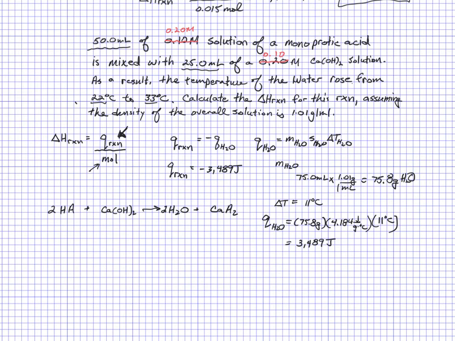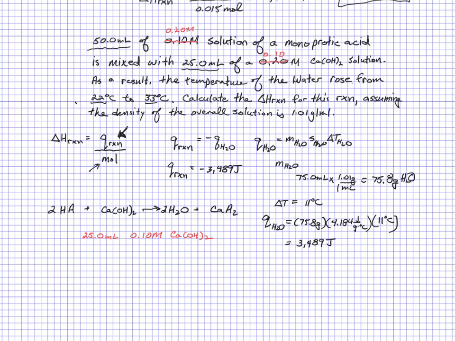What I found is helpful here is when we're looking at these types of reactions, I try to find the reagent or the product that has a 1 as its coefficient. And if you can find that, however many moles of that was present, that's the number of moles in the reaction. So we have calcium hydroxide, so we have 25 milliliters of 0.10 molar calcium hydroxide.